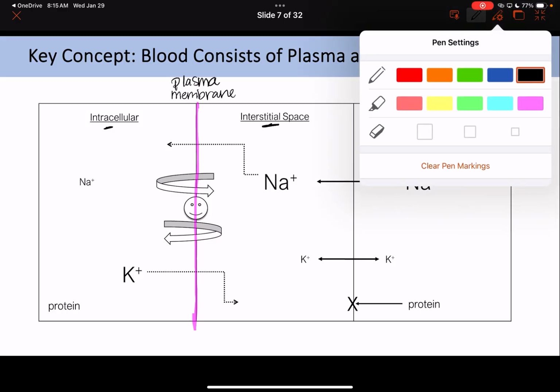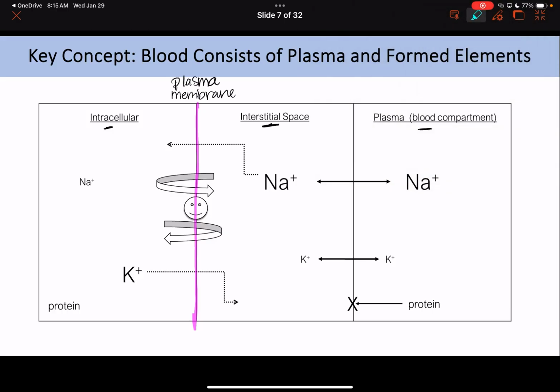And then what's the barrier or wall between the interstitial space and our plasma? What is it? It's going to be our capillary wall. So the wall that's enclosing our blood is going to be our barrier between the interstitial space and the plasma.